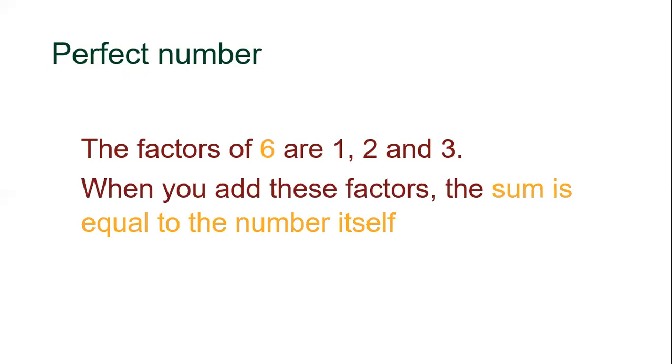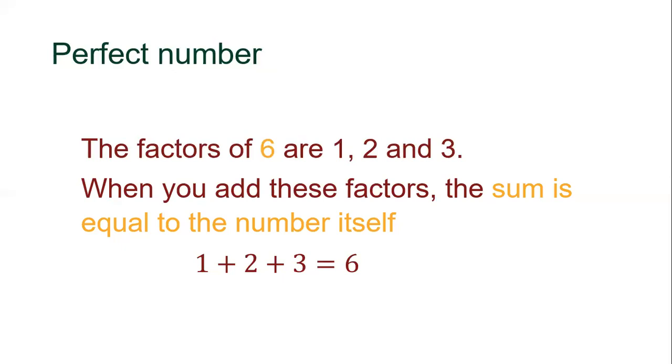When you add these factors, the sum is equal to the number itself. Again, the factors of 6 are 1, 2, and 3. 1 plus 2 plus 3 is actually 6. So those are perfect numbers. Again, except the number itself, okay?